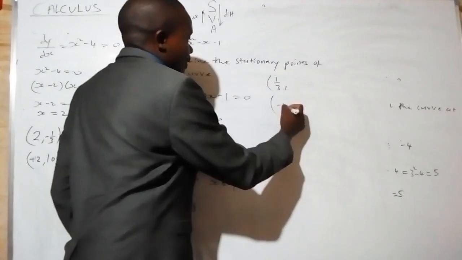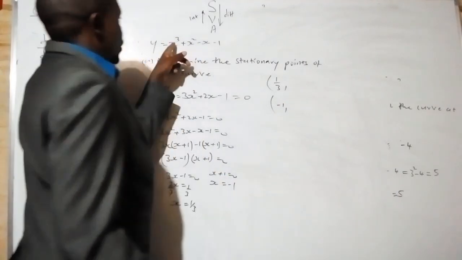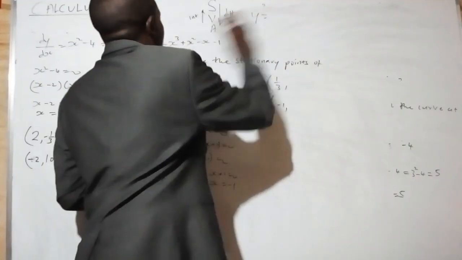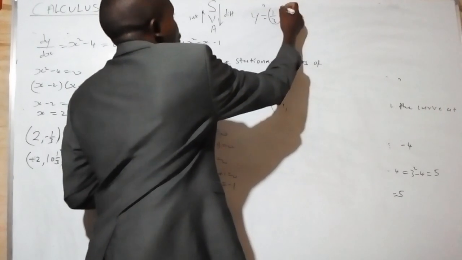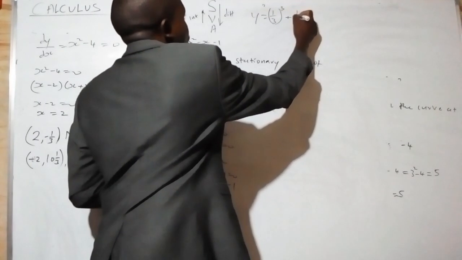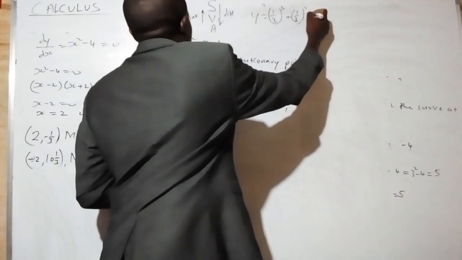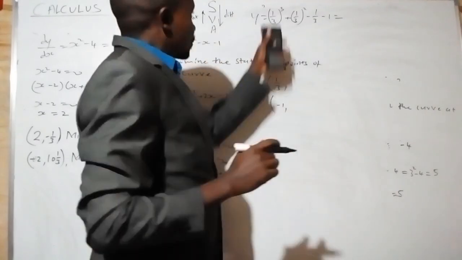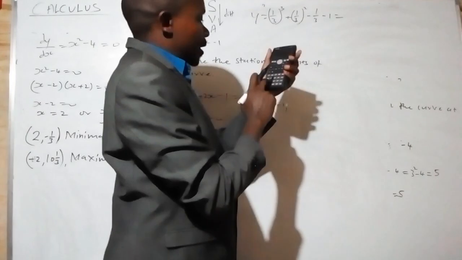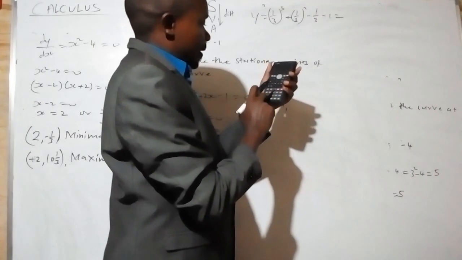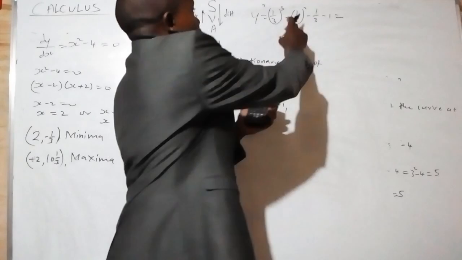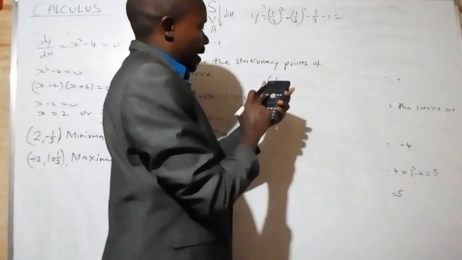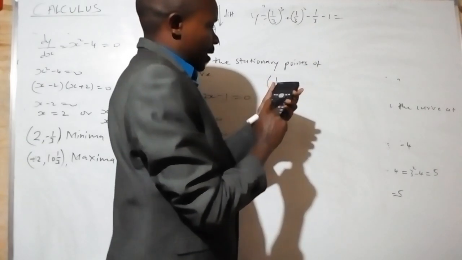Pick this a third and substitute where we have x. y is equal to 1/3 cubed plus 1/3 squared minus 1/3 minus 1, to get 1/27 plus 1/9, because 3 squared is 9, minus 1/3 minus 1.